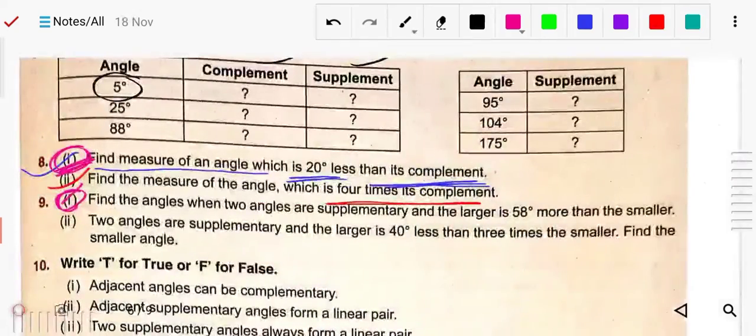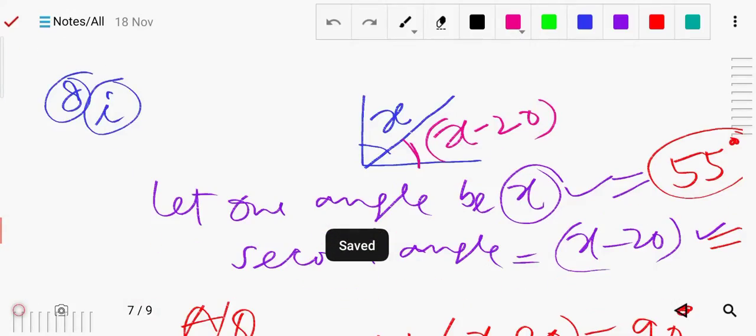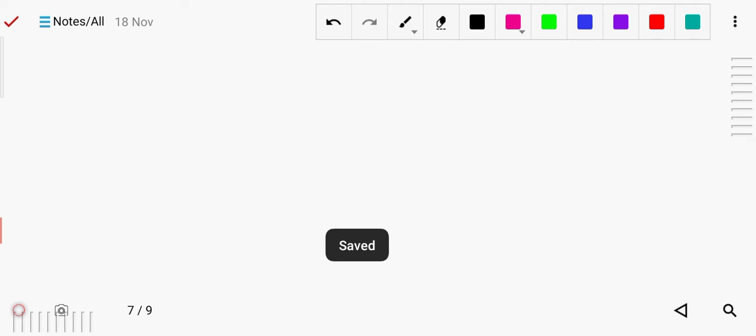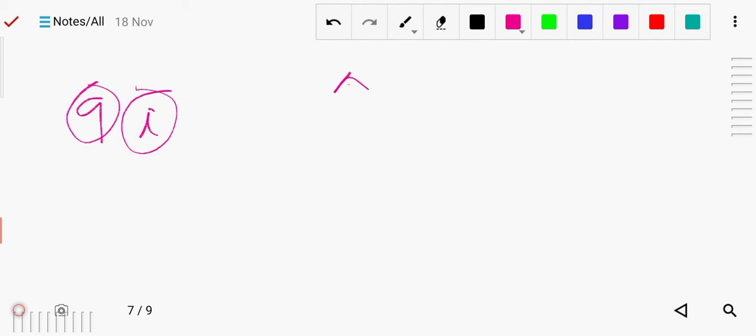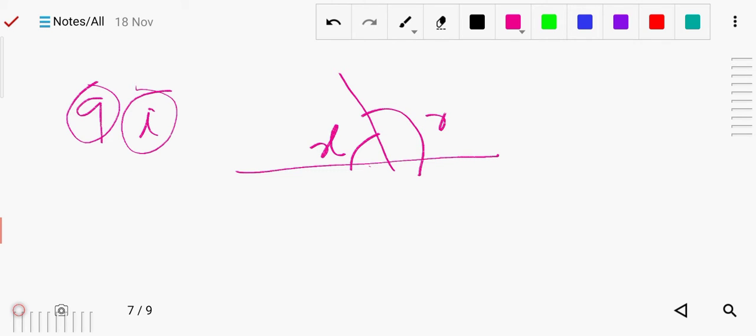Just see, I will dictate to you, you can do 9 number 1. Two angles are there, and the diagram will be like this. Suppose this one angle is x, then the other angle will be x plus 58.